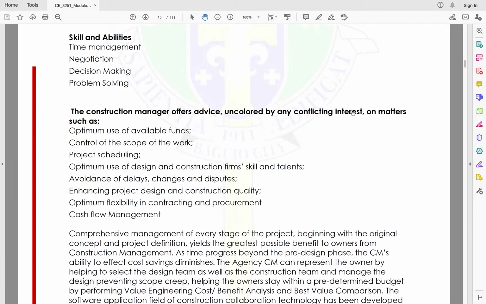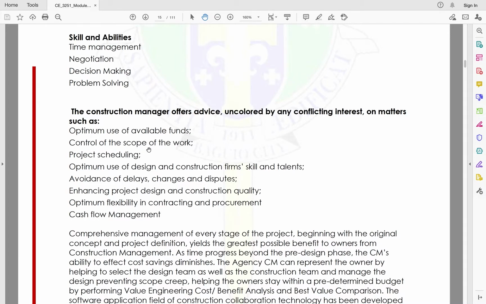Now, if you are on the client, you should also see the point of view of the contractor. Okay? And that is without biases. Okay. So optimum use of available funds. When we say optimum, it is the best way possible of the use of available funds. Okay, or it is the most efficient use of the funds.